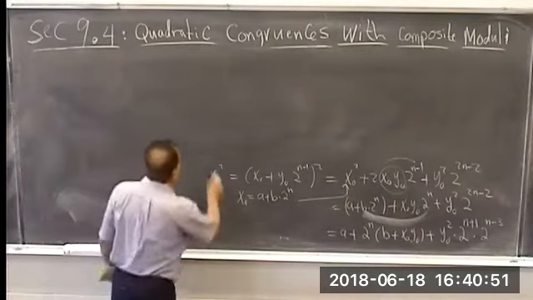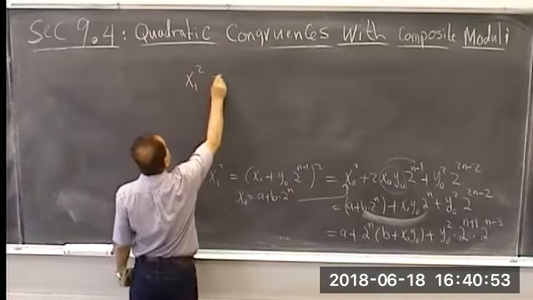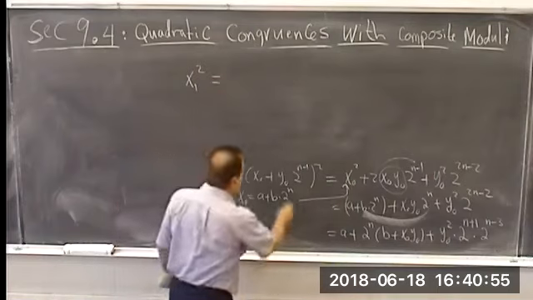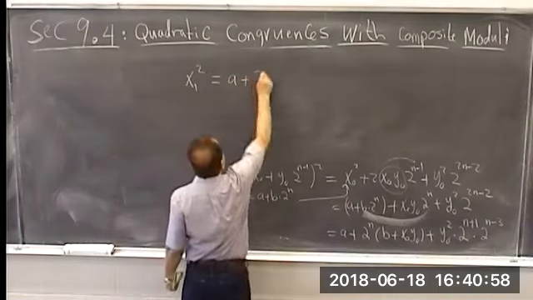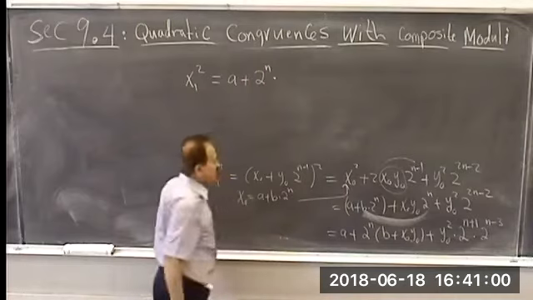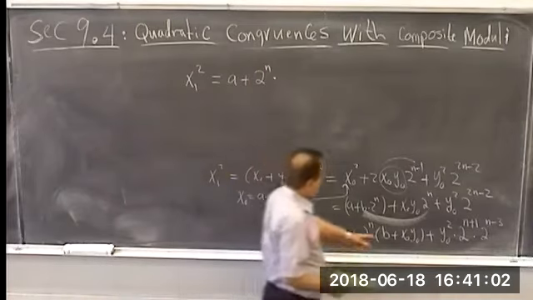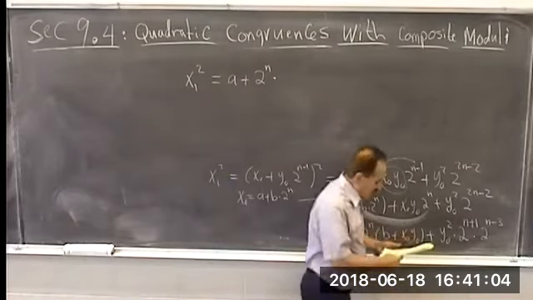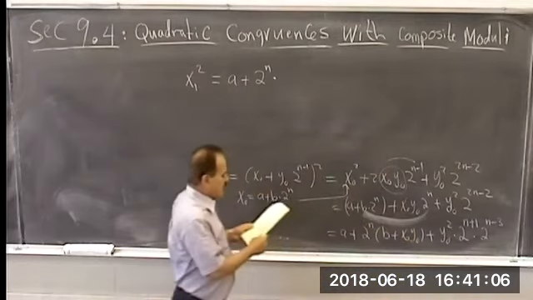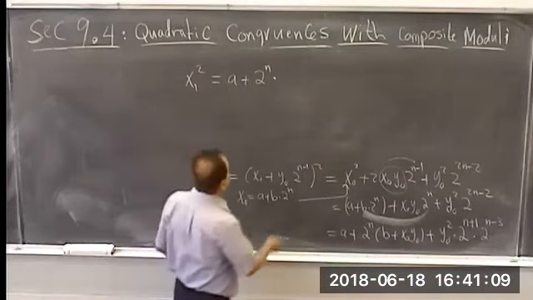So this implies that x1 squared is equal to a plus 2 to the n, and I'm going to replace the b plus x sub 0, y sub 0. This is equal to 2r.